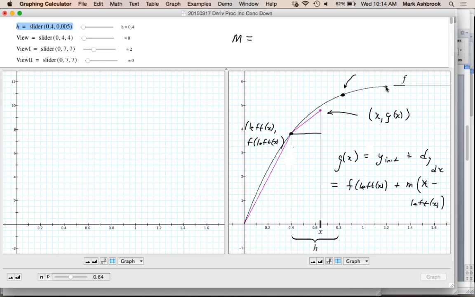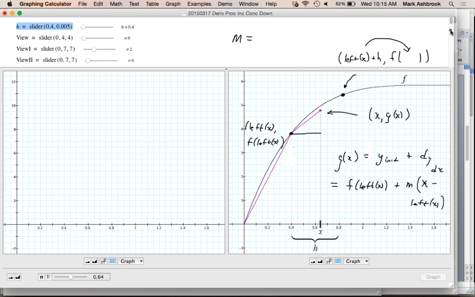What are the coordinates of that point? Yes, sir? f of left x plus h? Not f. x coordinate first. Oh, you want the point. So that will be left x plus h. This is now the end of the interval, and f of that. Now we want the constant rate of change in this interval.